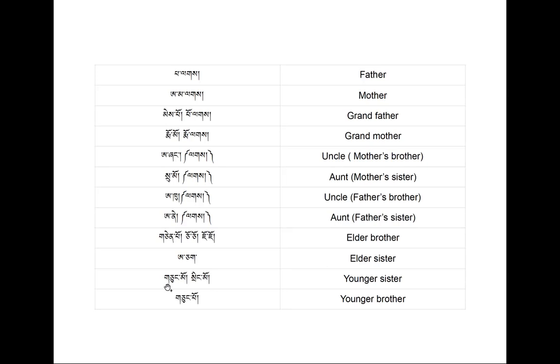Chungmo, singmo, which means younger sister. And finally, chungpo, which means younger brother. So these are the names in Tibetan for the family members that are more common in use.